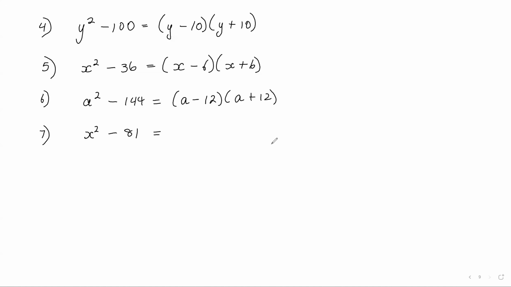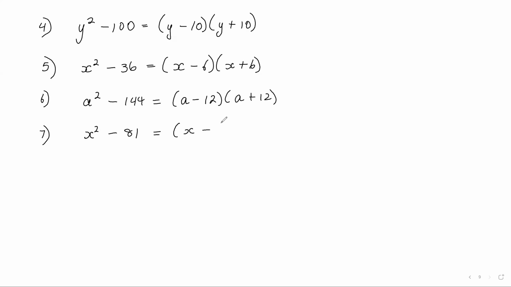All right. Janaya, what about x squared take away 81? What will go in the brackets, Jen? Okay, the first bracket would be x minus... The square root of 81.